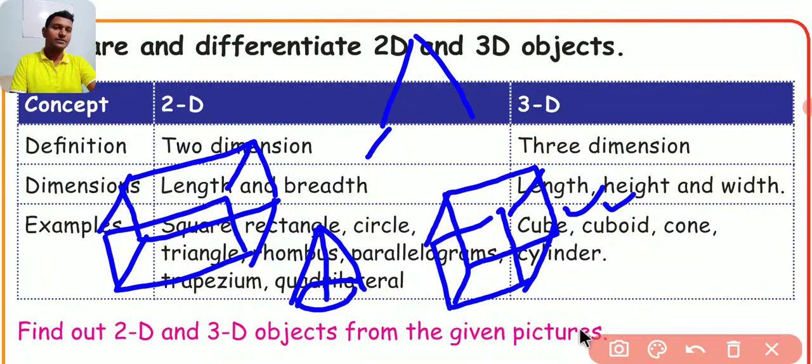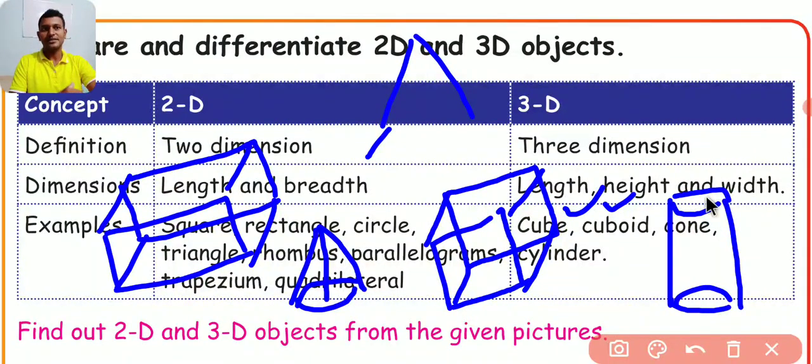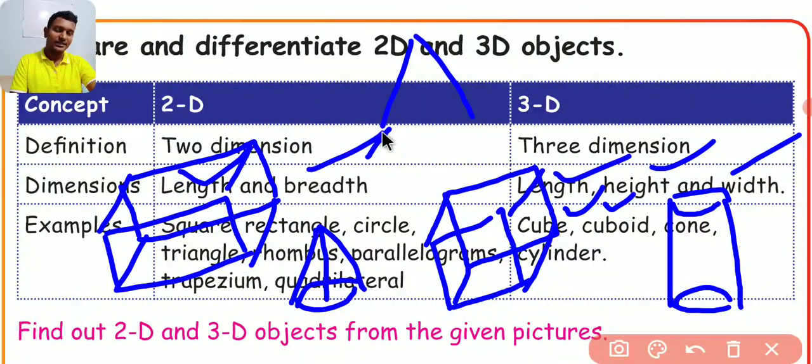It has 3 dimensions. And this is a cylinder. These are all examples of 3D shapes. They have 3 dimensions: length, height, and width. 2D shapes have 2 dimensions, length and breadth only. That is the difference, students.